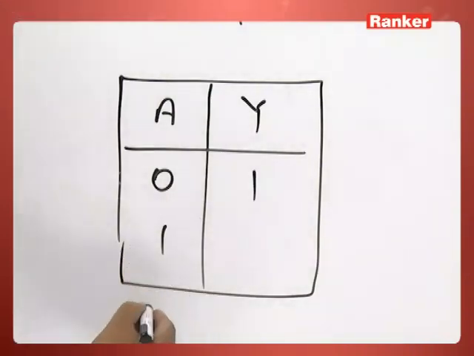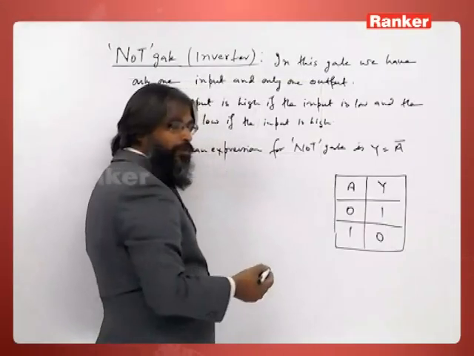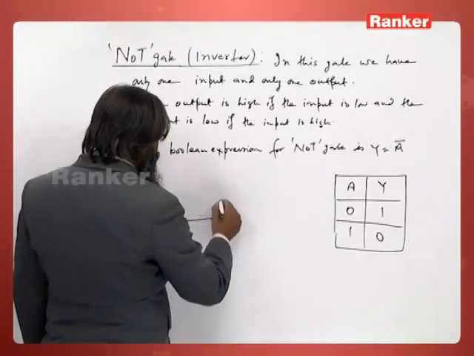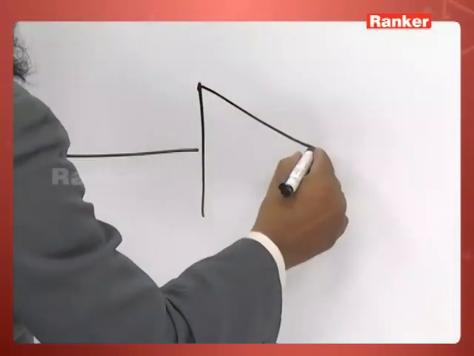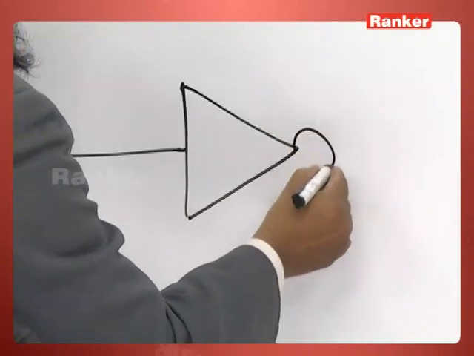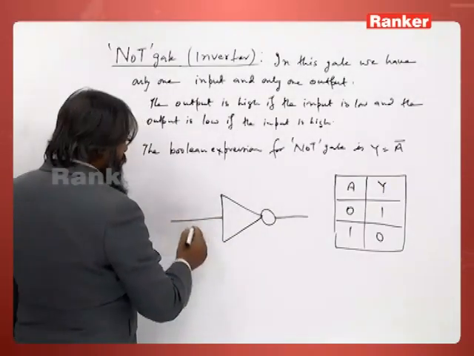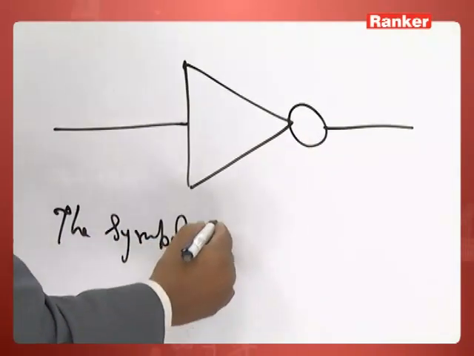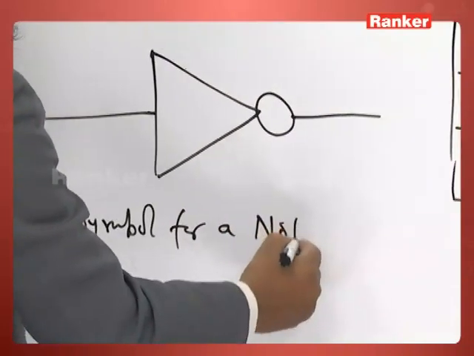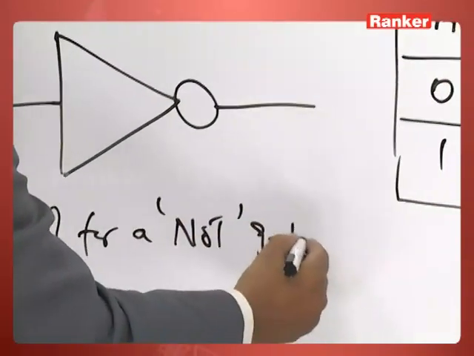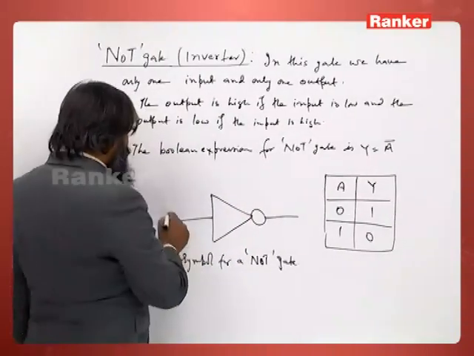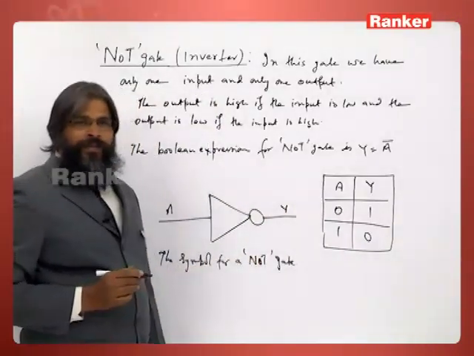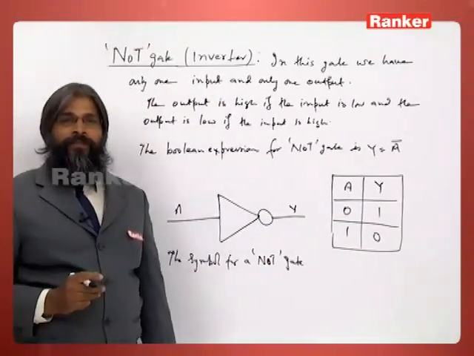If I give 1, we will get an output 0. This is the simplest truth table. The symbol used for this is simple. This is the symbol for a NOT gate, where input is given this side, output on that side.